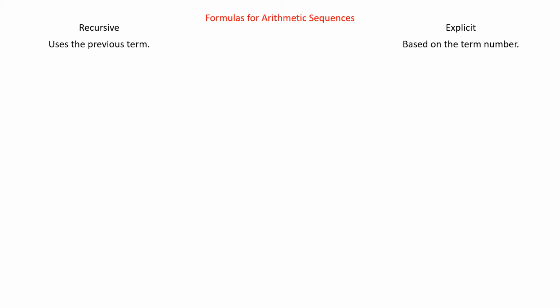However, if you wanted to find the 47th term, you would need to know the 46th term, which means you need to know the 45th term, which means you need to know the 44th term, etc. So you have to work your way and build the sequence all the way up to that point. Whereas if you wanted to know the 47th term in an explicit formula, you would just plug in 47 and you would get whatever that term is. So it's usually a little bit tougher to create, but it can be more useful for finding terms that are a ways in the distance.